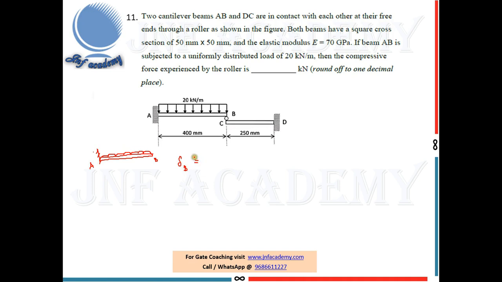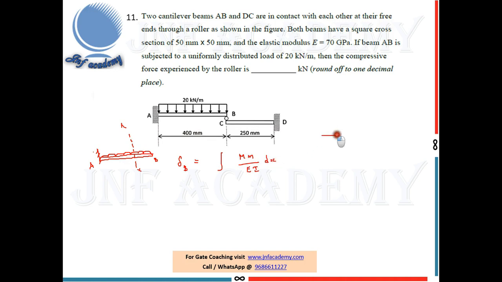One is the double integration method, another one is the unit load method. I feel the unit load method is easy. Let us take this as the x portion. The limit is 0 to 400. The formula is capital M by small m divided by EI into dx.